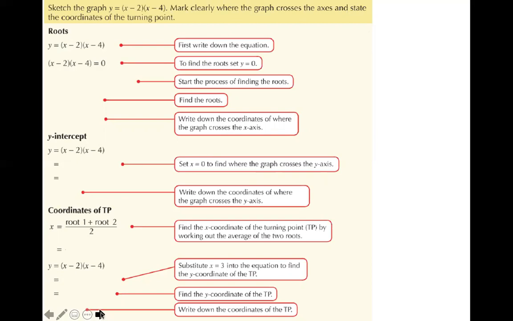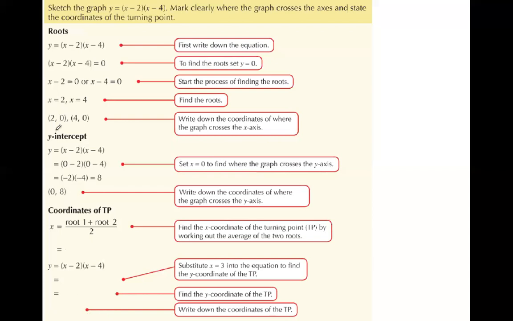So when y equals 0, you either get x equal 2 or x equal 4. Then you write them down. So 2, 0, and 4, 0. The next section is to find the intercept for y. So y-intercept is when x equals 0. So you've got to write down when x equals 0, y equals 8. So that's your second point.